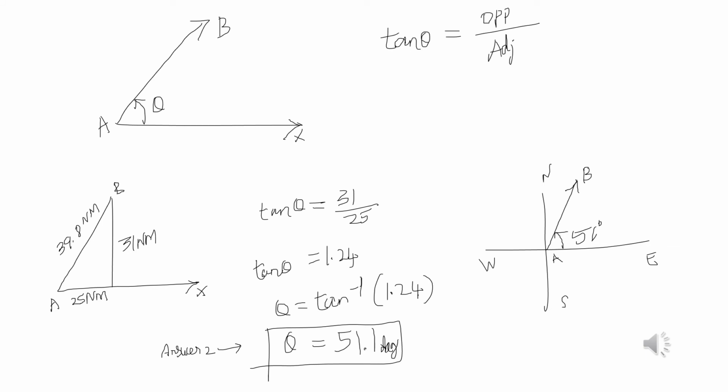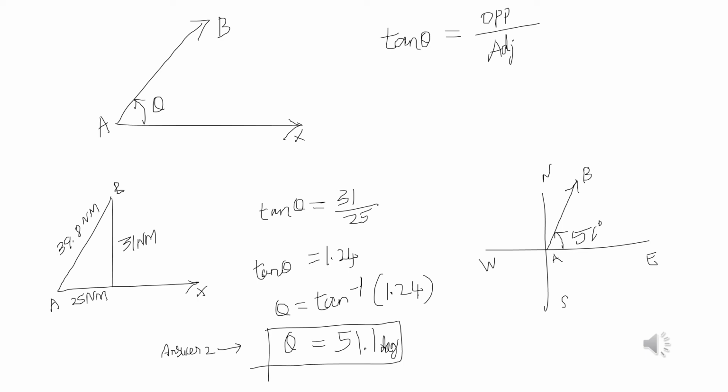From the previous slide, we found the distance of the flight path A to B is 39.8 nautical miles. In this slide, we are going to see how to find the direction of the flight, especially the degree it is traveling. We use a formula that is very easy.